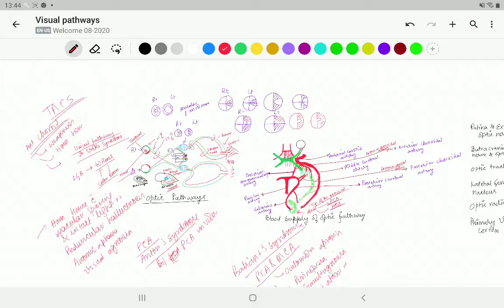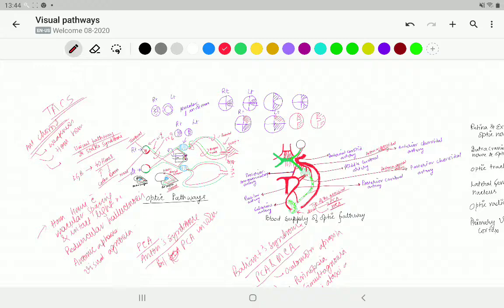The optic radiation is supplied by both anterior and posterior circulation: in the anterior circulation, by the middle cerebral artery, and in the posterior circulation, by branches from the posterior cerebral artery. And finally, the occipital cortex is predominantly supplied by the posterior cerebral artery.